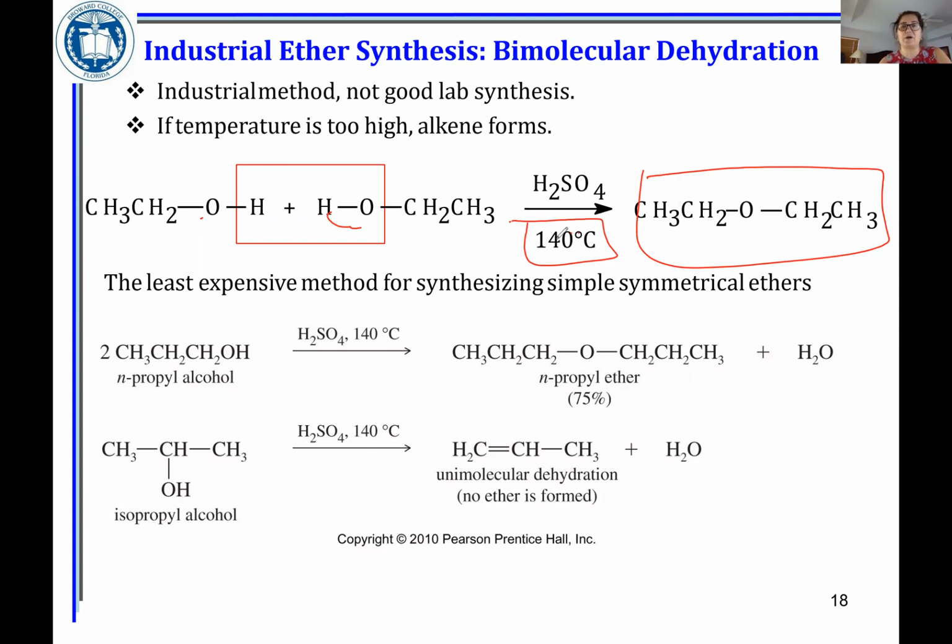It has to be 140 degrees rather than 180. There's a typo here. This is 180, it must be 180 degrees. If it's 180 degrees, it's going to be unimolecular dehydration, and ether is not going to form at 180 degrees Celsius.